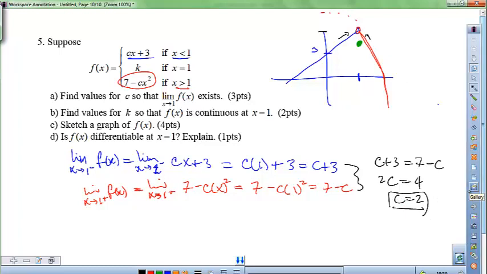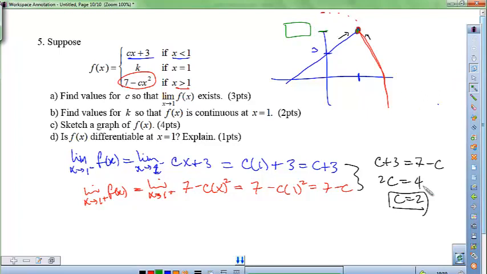Now, we are interested in this value because we want to make it continuous, and to make it continuous, this is a k, remember. When x is equal to 1, what if we make k equal to whatever this number is? And how are we going to know that number?